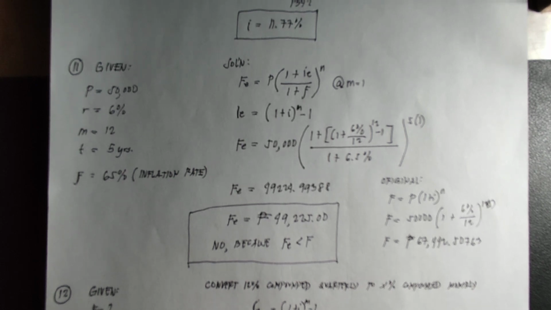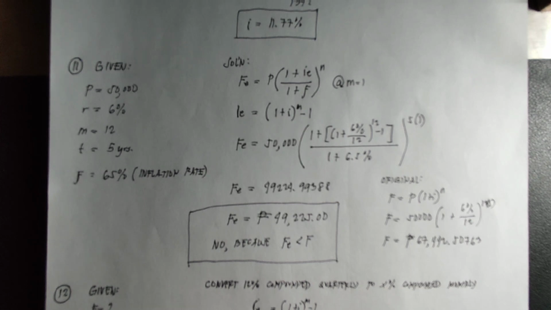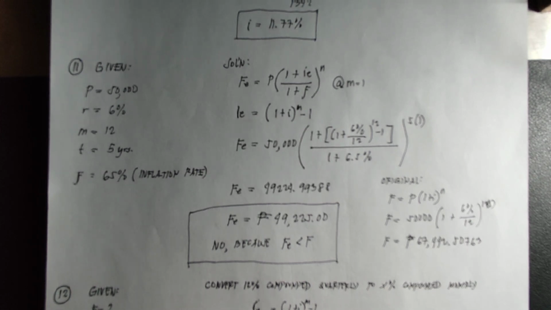Now we will use the solution F sub E is equal to P multiplied to the quantity of 1 plus i sub e all over 1 plus f raised to n. So this means that m is equal to 1. The formula for our i sub e is equals to 1 plus i raised to m minus 1.